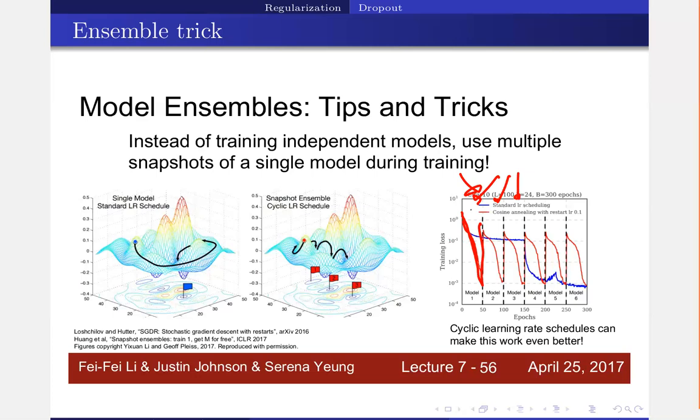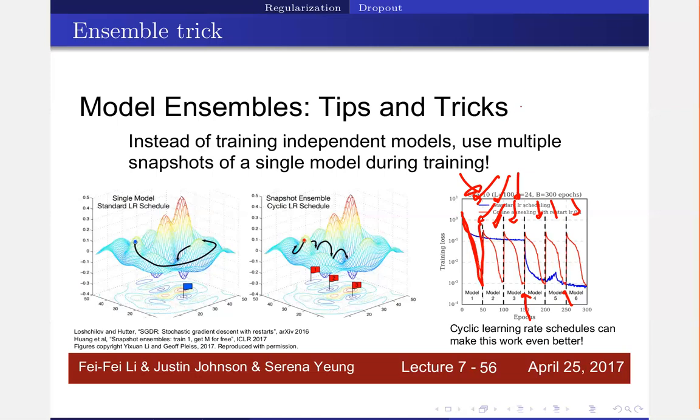So in this case, you can either take the best model after going up and down several times, or you can take the weighted average of all of these trained models, and potentially that can give you a better model than any independent one.